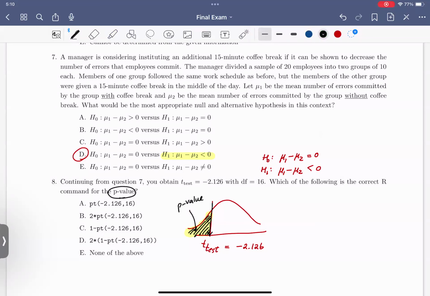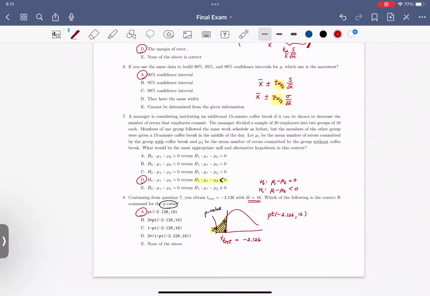You don't have to multiply the p-value by 2 because you have less than in the alternative hypothesis. So if you want to find this area, the code is going to be pt(-2.126, 16), where 16 is the degree of freedom given here. And the answer here is going to be choice A. Okay.